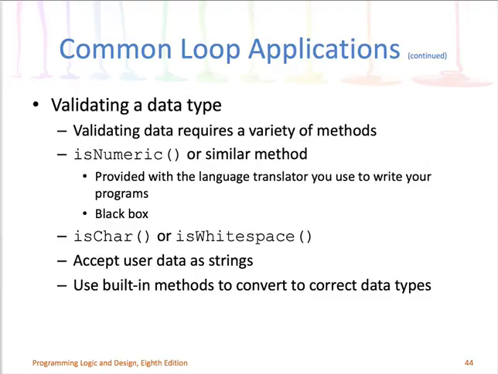There's several methods that are built into a lot of programming languages. So you might have is numeric. If you ask them for a month and they typed in December, you could say if not is numeric, tell them, please enter a number. That number needs to be between 1 and 12. You can check and see if something is a character. You can see if something is white space.